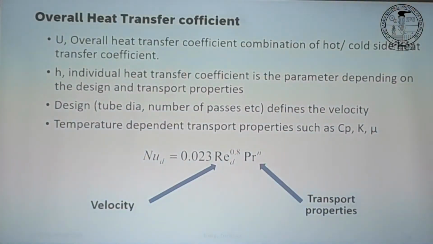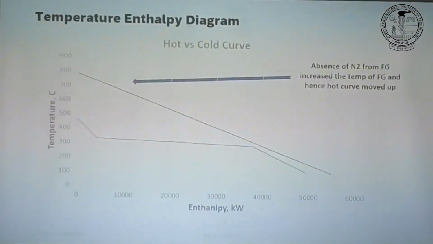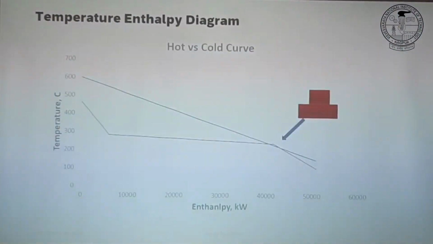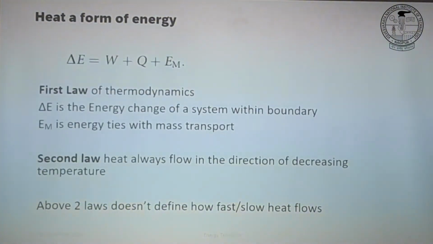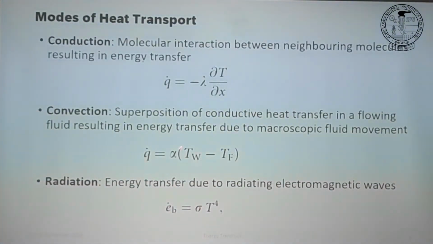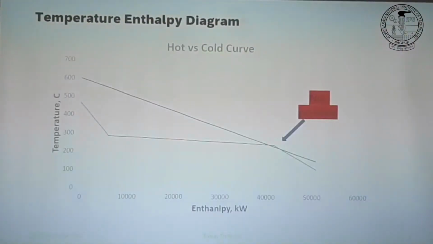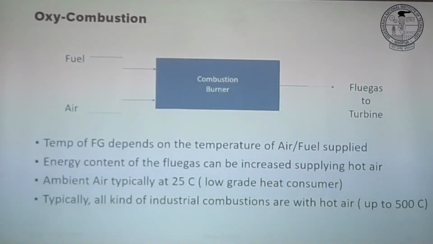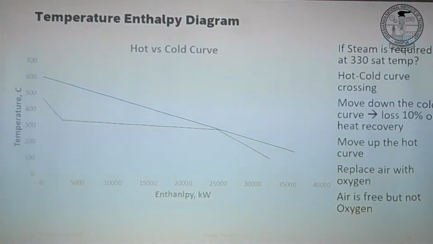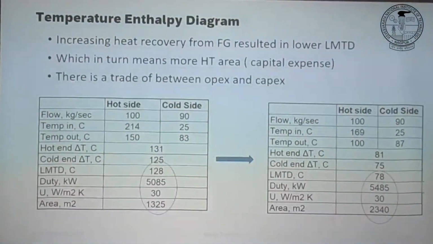Now, overall heat transfer coefficient, we looked at this alpha or H, different people call it different ways, but the individual heat transfer coefficient on one side, hot side, cold side, together with the thermal conductivity of your metal separating hot side and cold side, becomes your overall heat transfer coefficient.